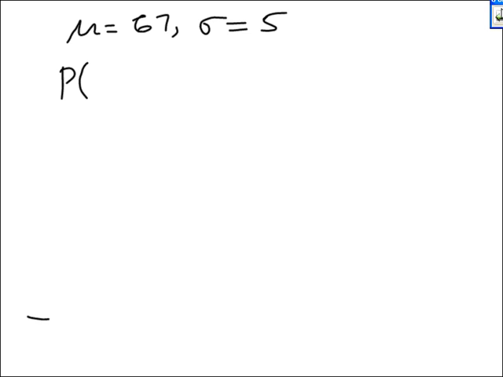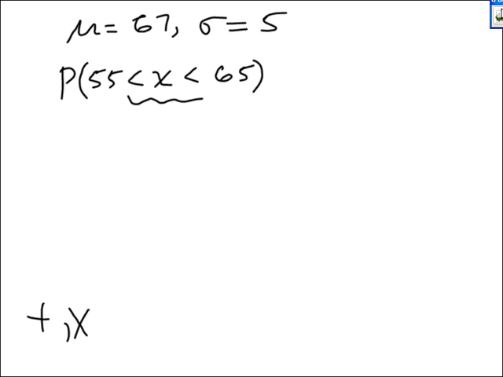Now, just like that's the symbol for addition and this is the symbol for multiplication, what I'm writing right now is the symbol for x's in between. X is in between 55 and 65.